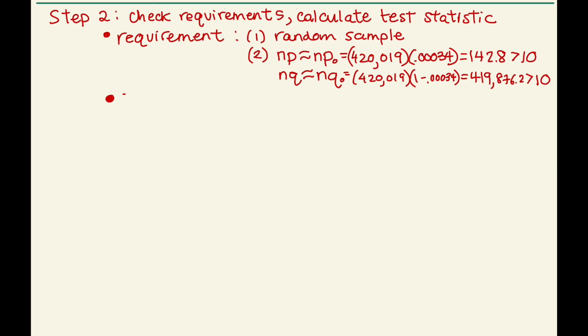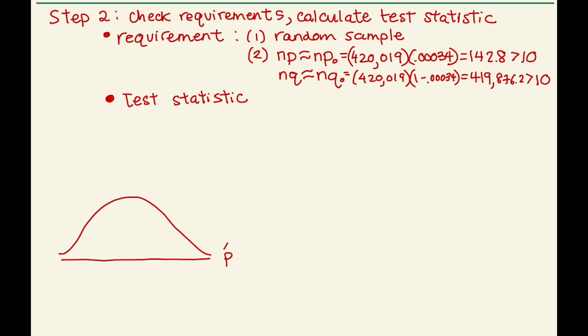So the next thing we'll do is calculate the test statistic. Just so you have an idea of exactly what we're doing, I'm going to draw a little sketch. Imagine that this is the sampling distribution of all possible sample proportions. We're assuming that the null hypothesis is true, so that means the mean of the distribution of sample proportions is the null value.